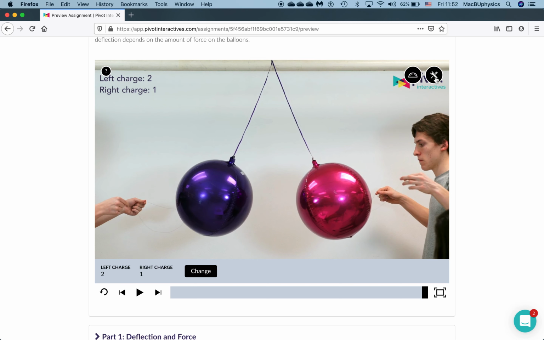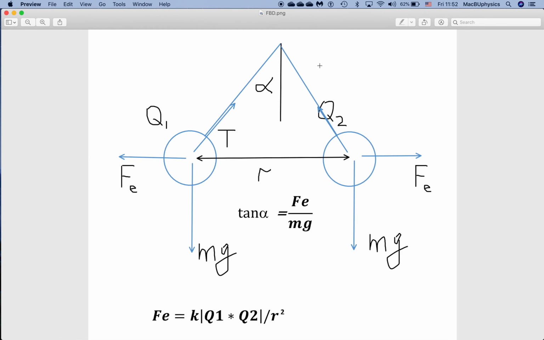We can use the tool to measure the angles, to analyze and understand what's happening.